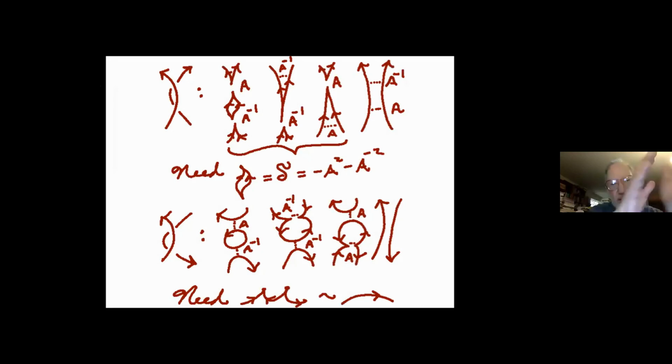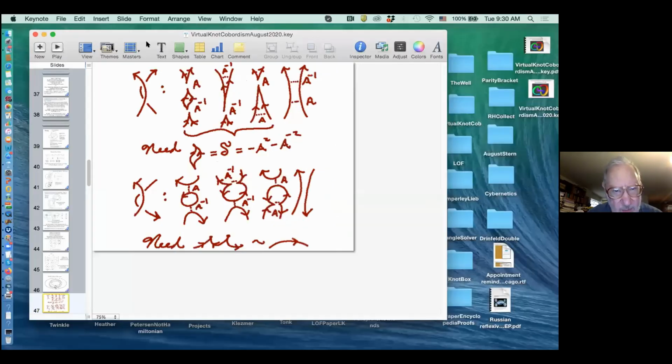Now, what about invariance? Well, I wanted to show you the proof. So let's look at what happens when we expand the bracket and keep track of the cusps. So here's the Reidemeister 2 expansion for going in an oriented way parallel. And you see we get a cuspy loop here.